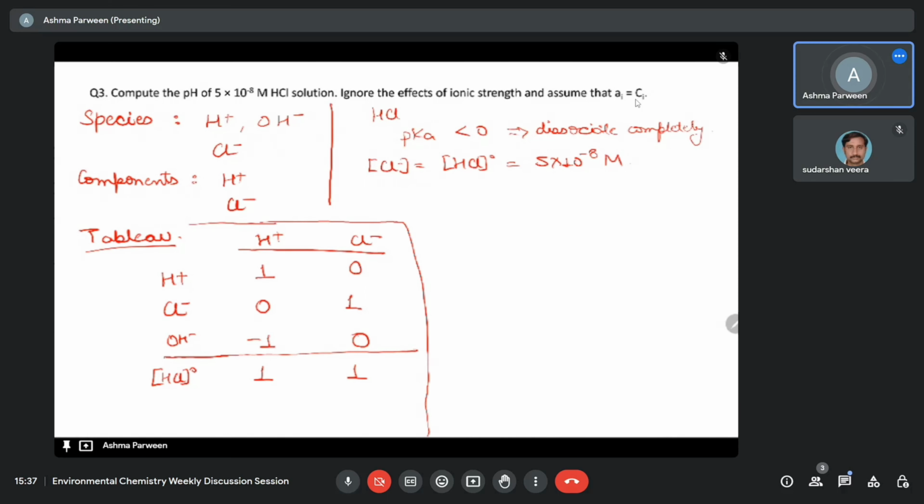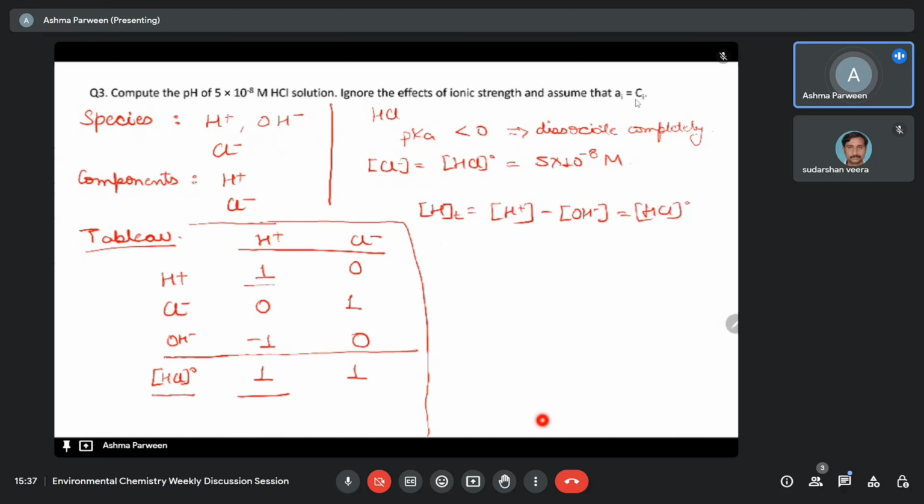Next we move to the formation equations. We will write the component mass balance. Components are H plus and Cl minus. So total H plus will be H plus minus OH minus, and that is equal to the HCl naught concentration, that is the initial total concentration of the acid.